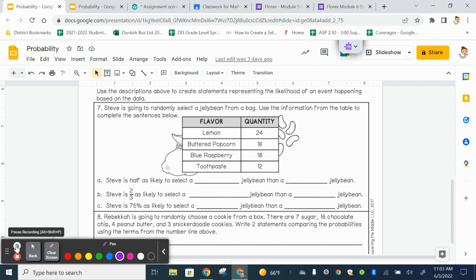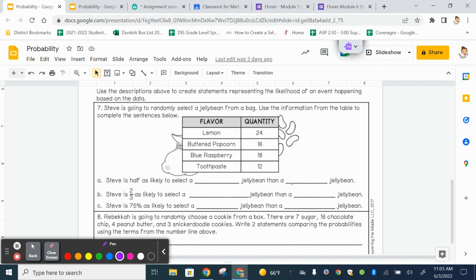So that whole bag is full of these. So we would want to add them to get the total if we were being asked questions about those. But right now, we're just going to use the flavors and make decisions. So Steve is half as likely to select a what jelly bean than a what jelly bean.